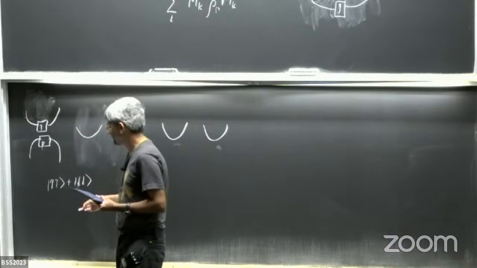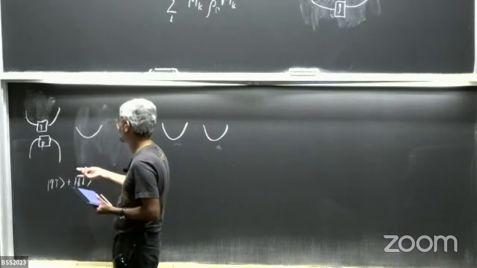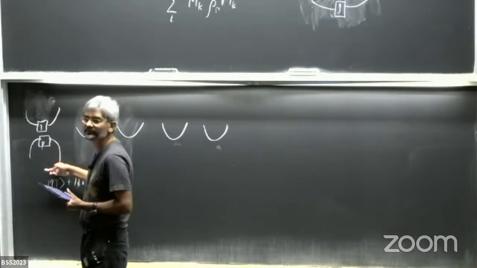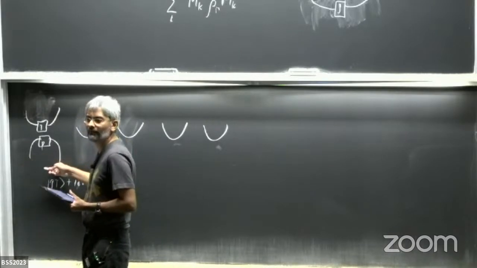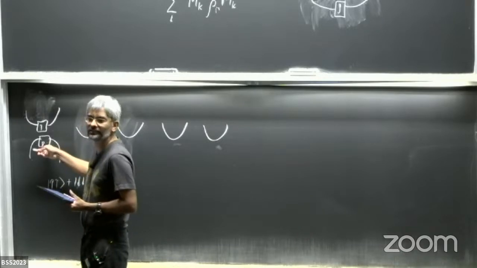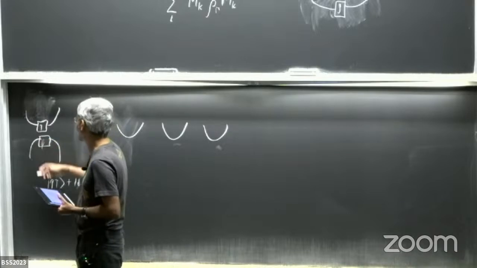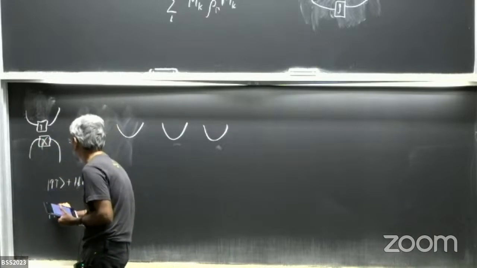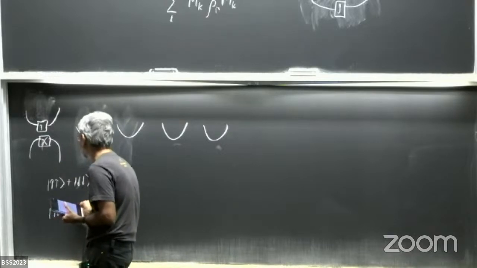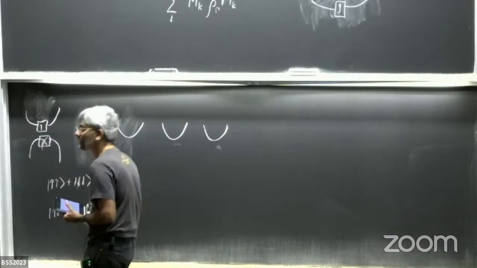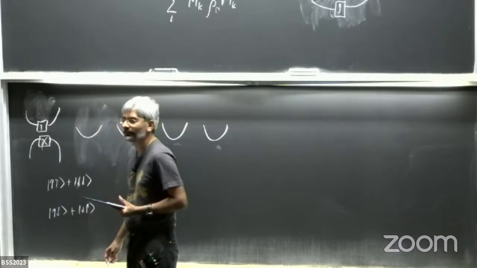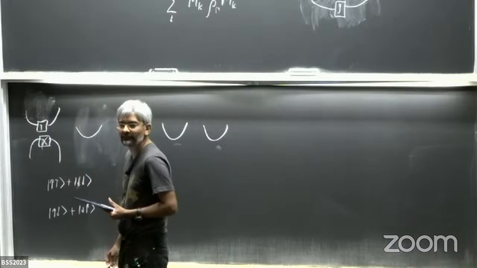And so this corresponds to fixing this leg to be the same as this leg, and the Pauli here correspondingly is the identity Pauli. If instead I had, for example, the X Pauli here, then that would correspond to up down plus down up.